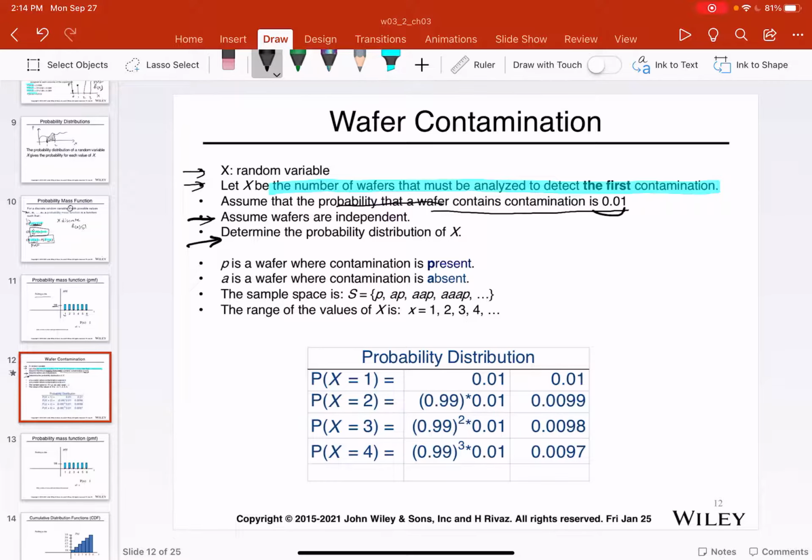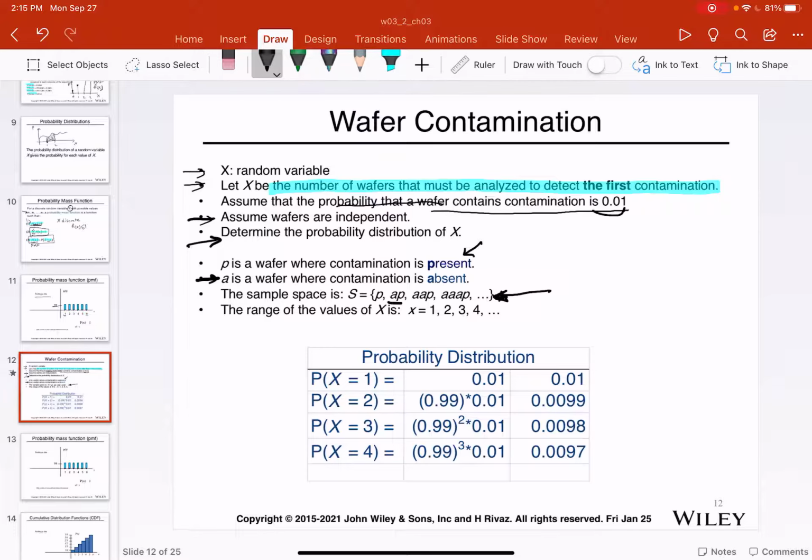We denote contamination being present as P, and contamination being absent as A. This line is very important: what is the sample space? It's either P, which means the first wafer that you check, you're very lucky, has contamination. So you abort the experiment. That's success, you're done.